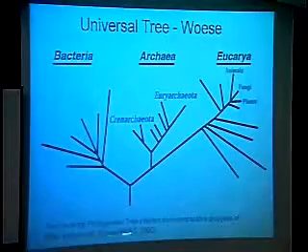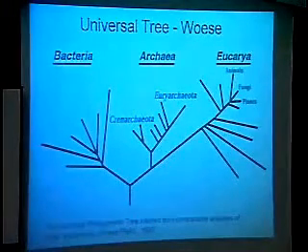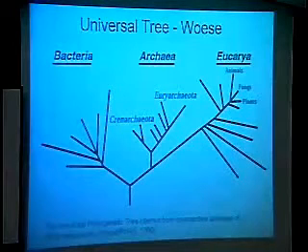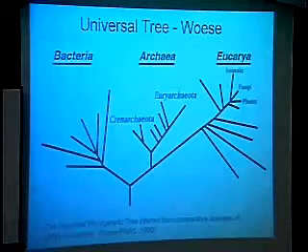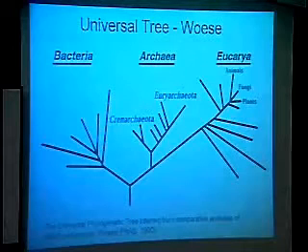So there was some root of this universal tree, and then you started getting differentiation into these various domains of life. Now, the interesting thing is, if I switch from ribosomal sequences to other molecules, do I get the same molecular phylogenetic tree?